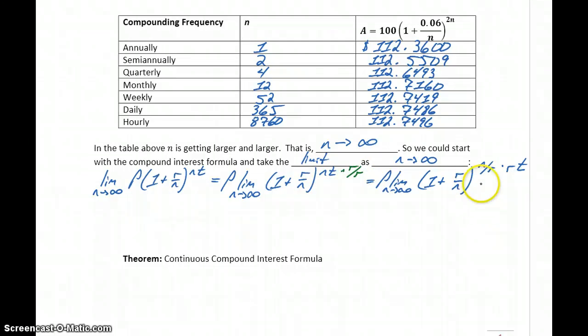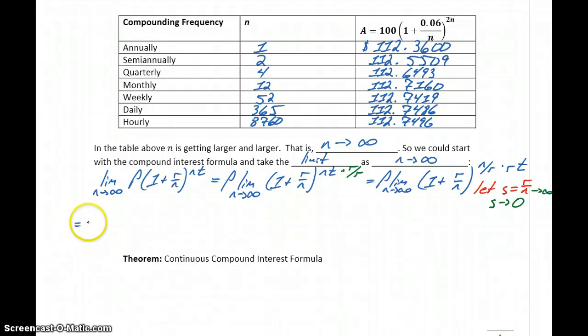And now we're going to make a substitution. We're going to let s equal r over n. Since n is headed to infinity, we have something over an increasingly larger number, so that means that s is actually headed to 0.